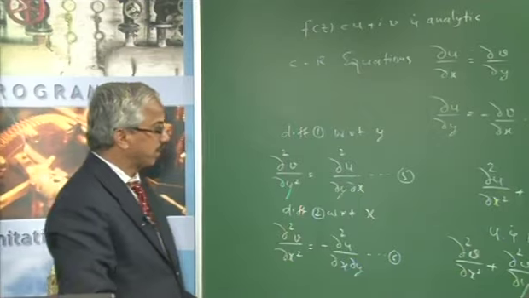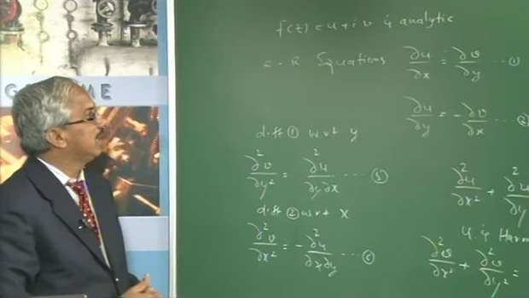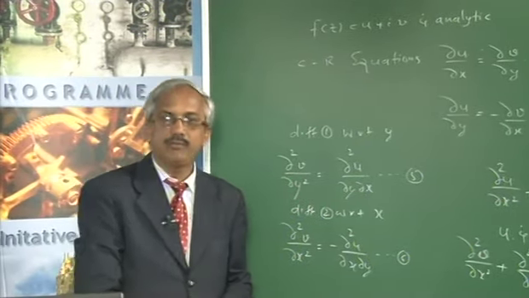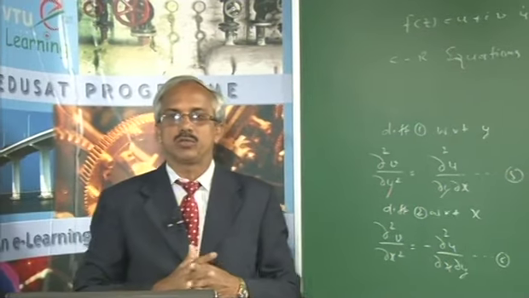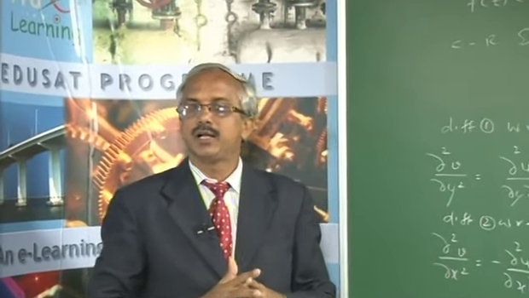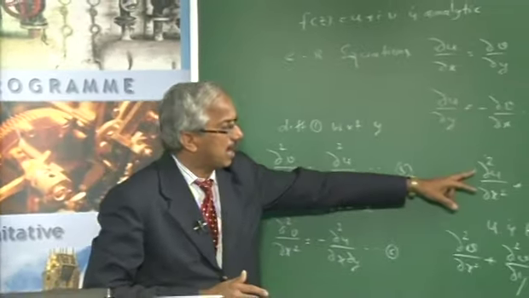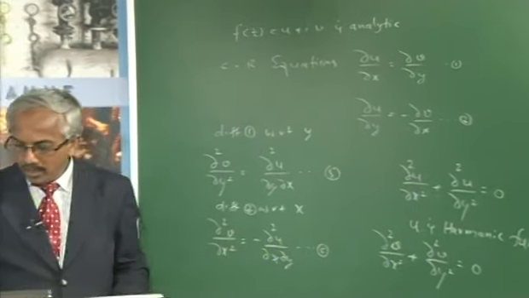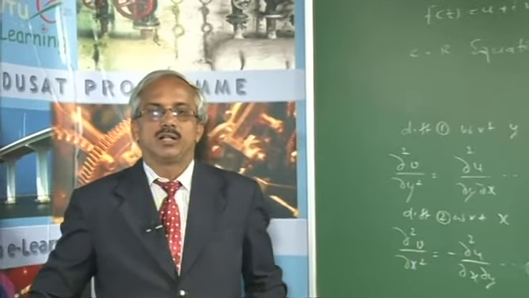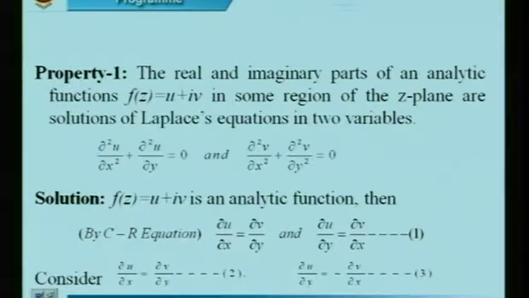So observe that both the real and imaginary parts of the complex function f(z) = u + iv, which is analytic, satisfy the two-dimensional Laplace equation, or u and v are solutions of the Laplace equation in two variables.